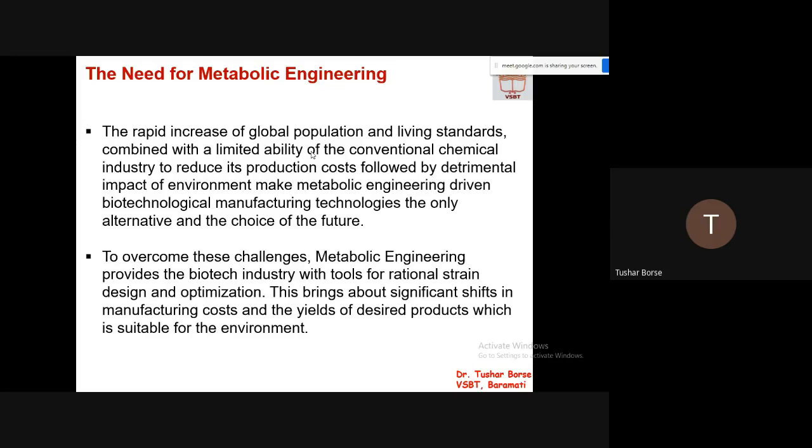So obviously the cost is going to be very low. Maybe the initial cost to develop the strain may be a high investment, but once you have the system with you, you can go for continuous fermentation, have a huge production, and have cost reduction.